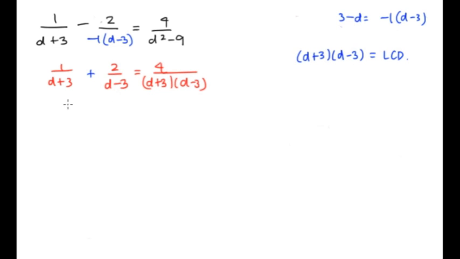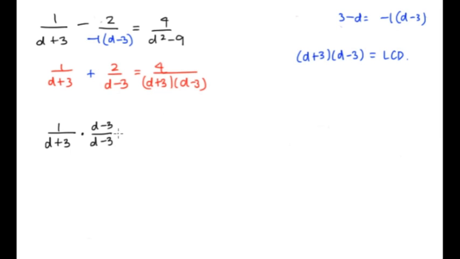That's just D minus 3. So we multiply this by D minus 3 over D minus 3. I'm not altering this equation in any way because I'm just multiplying by 1.